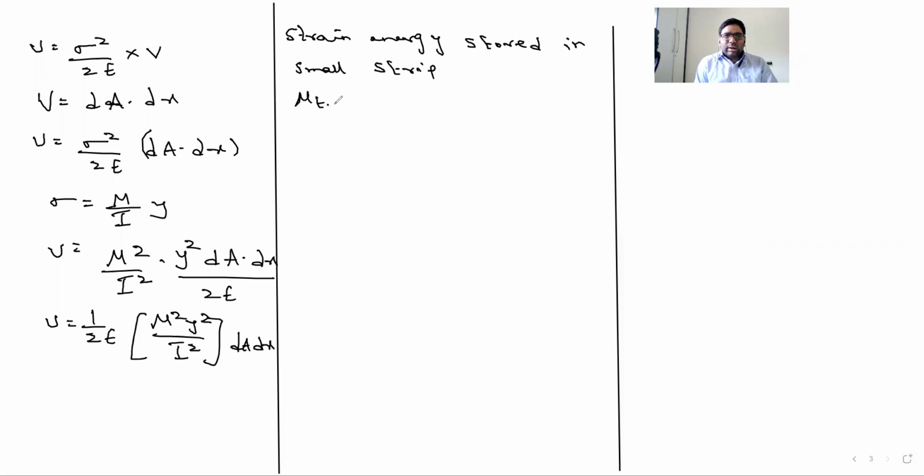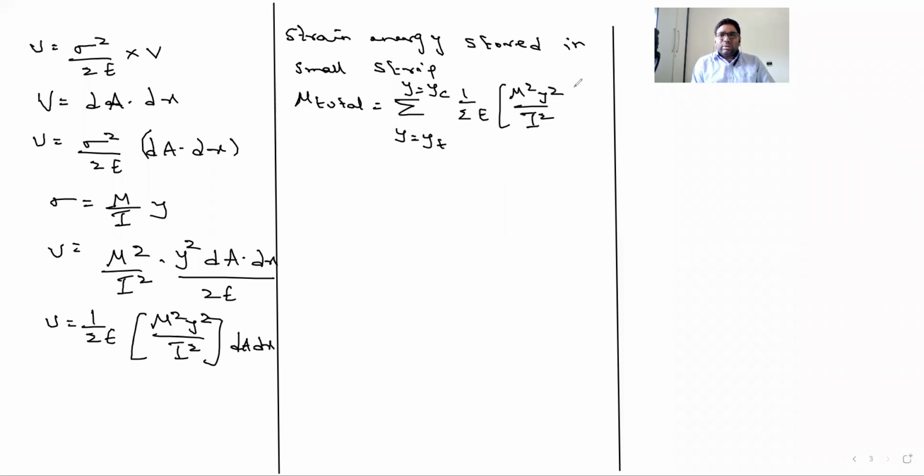So u total is equal to the summation from y equal to yt to y equal to yc of 1 by 2E into M square y square by I square into dA dx.